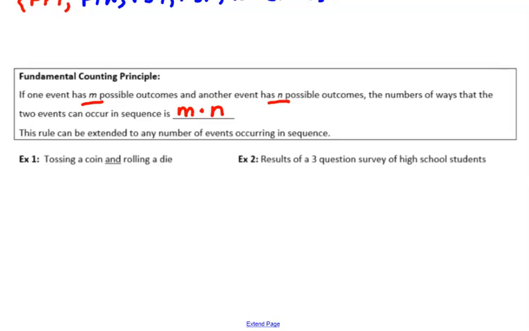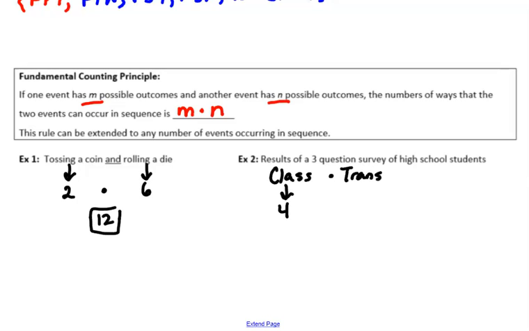So let's look at our two examples. Tossing a coin, there were two possible outcomes. Rolling a die, 6 possible outcomes. Multiply them together, you get 12 altogether. The 3 questions: the class or their year in school, there were 4 possible outcomes.